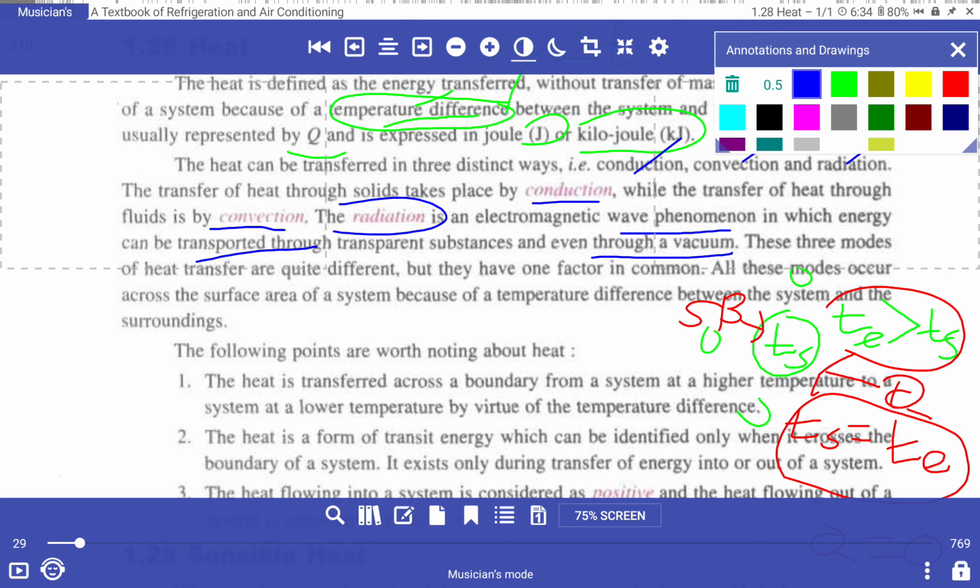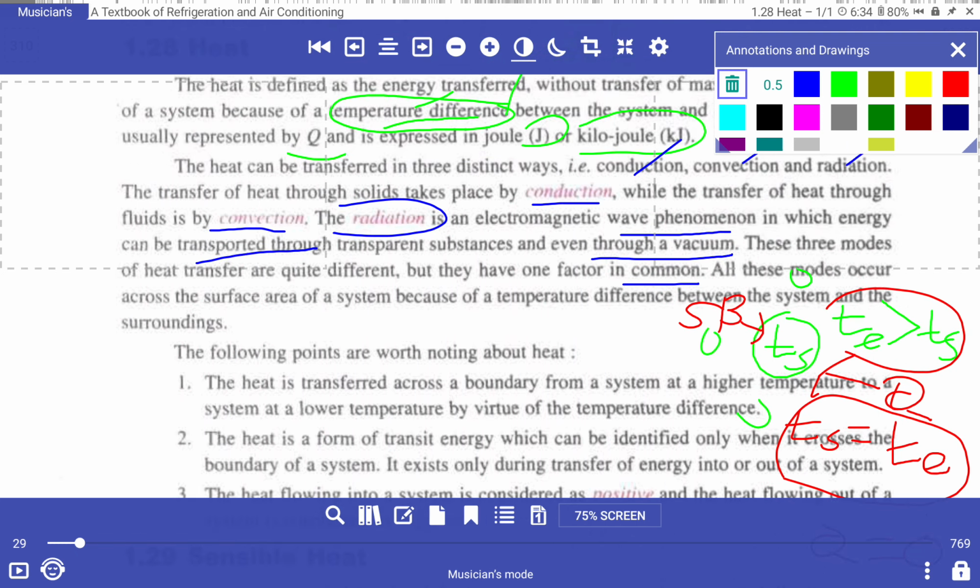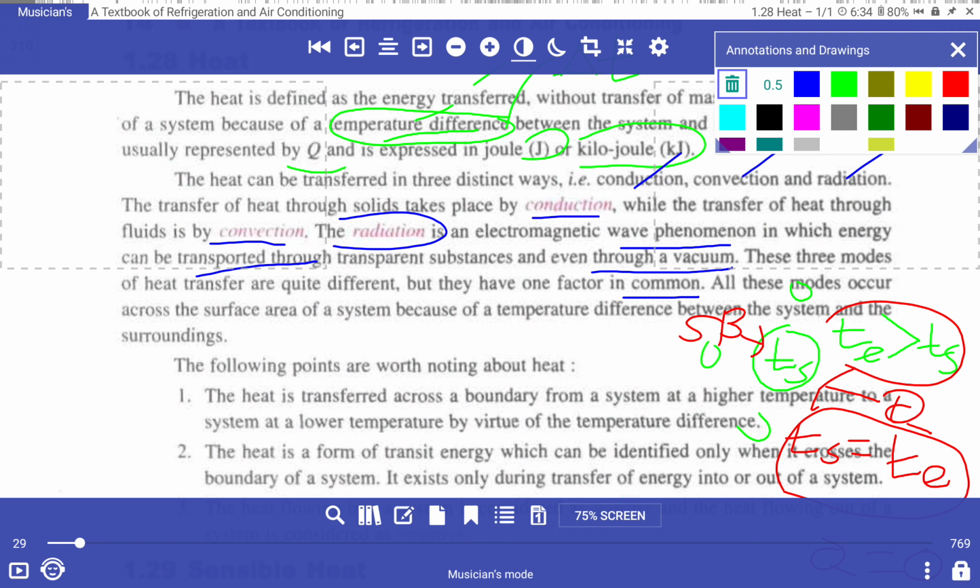So these three modes of heat transfer are quite different, but they have one factor in common. What is that? Wait, I'm going to erase some figure here so you can see it clearly.